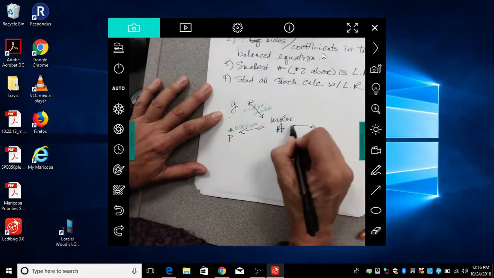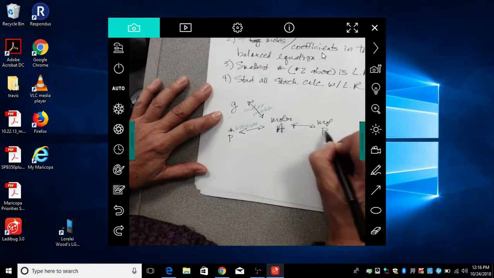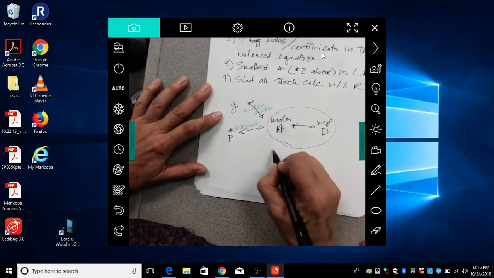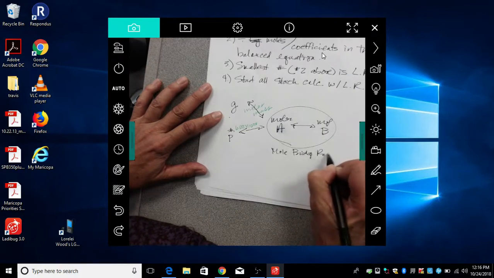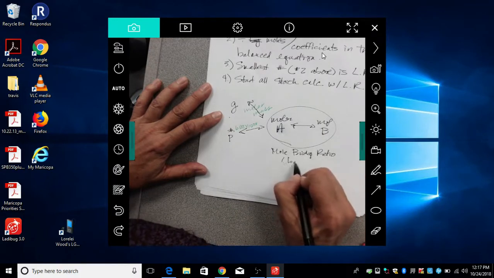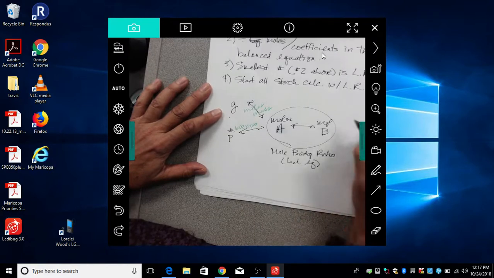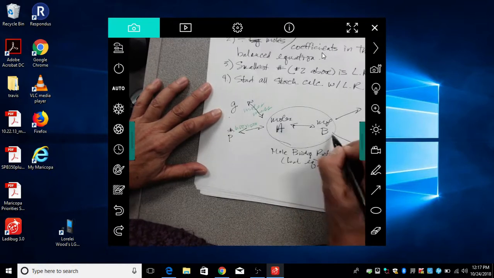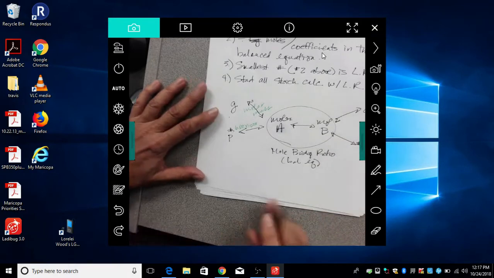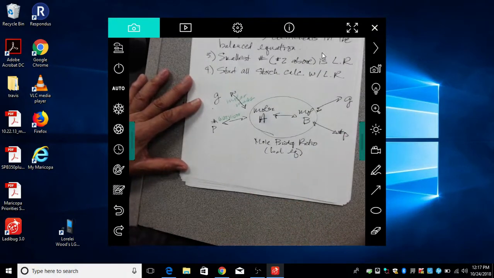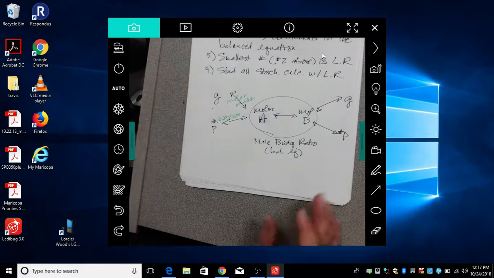Moles of A to moles of B, this number is our mole-bridge ratio, which comes from the balanced equation. And then we go from moles of the second substance to grams or number of particles, and we can use our same conversion factors to get there, either molar mass or Avogadro's number.